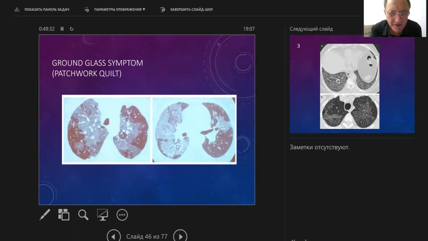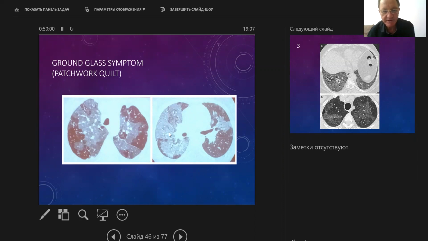And also you can see, by the way, practically absent consolidation. By the way, in the case of ground glass opacity, you can detect the lung architecture, lung structure in the areas of ground glass opacity.